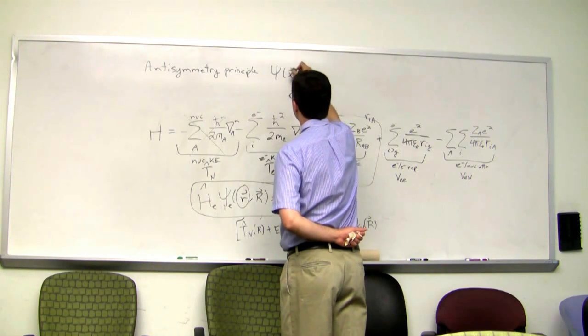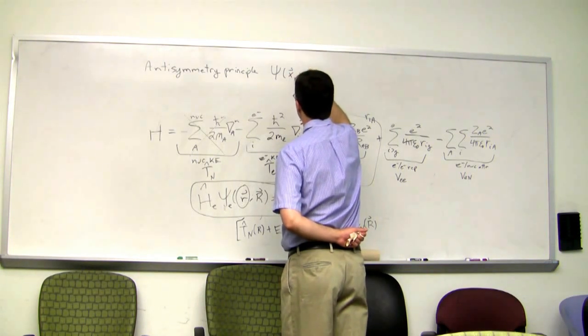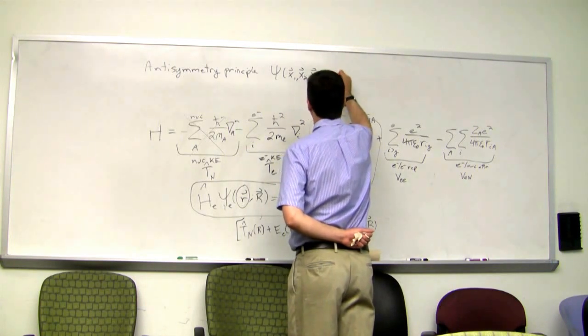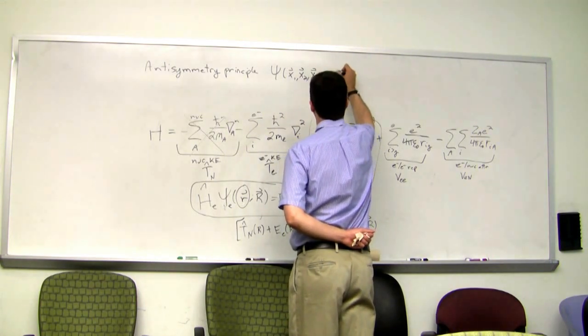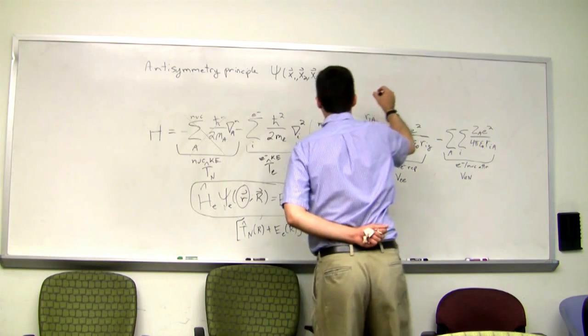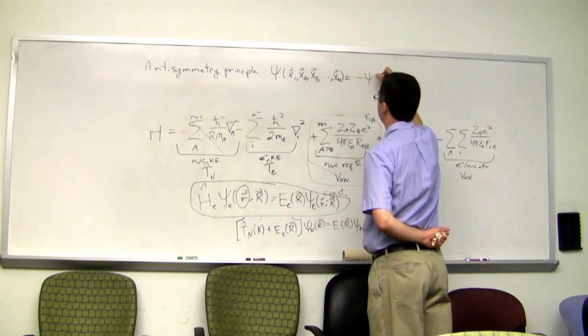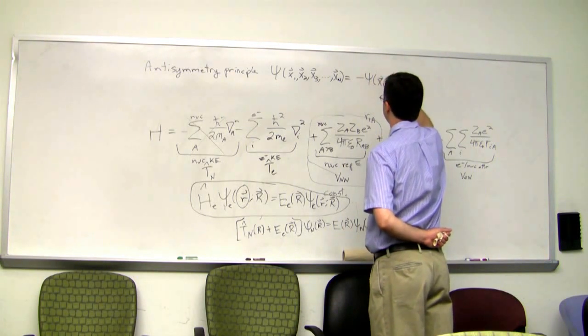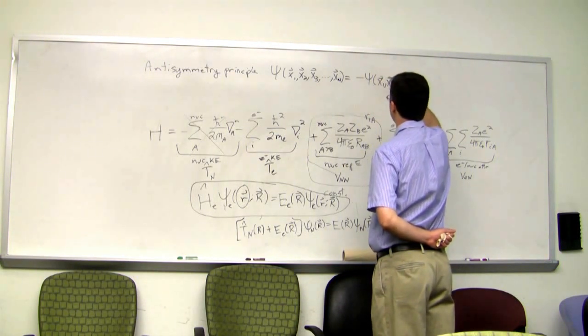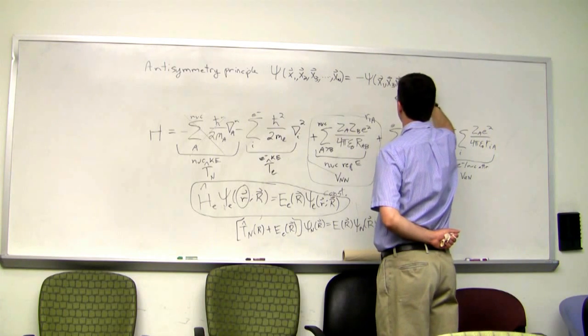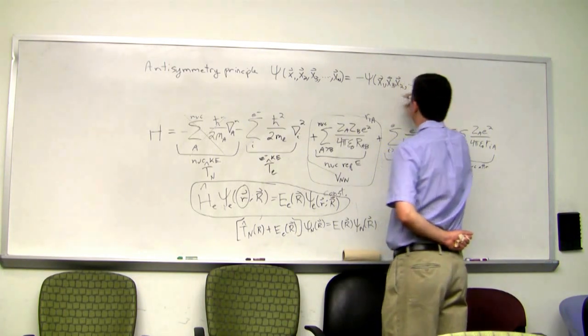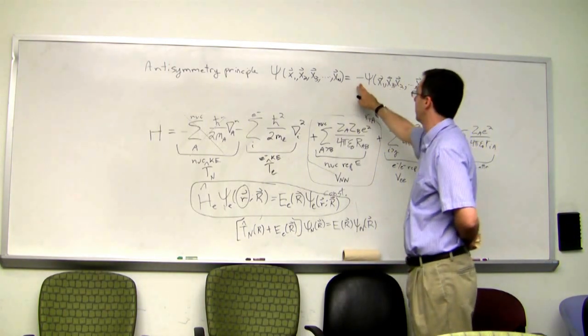I like x's. Let me define x in a second. If I interchange two sets of coordinates, I have to get a minus sign. Here I've swapped 2 and 3, so I get a minus sign.